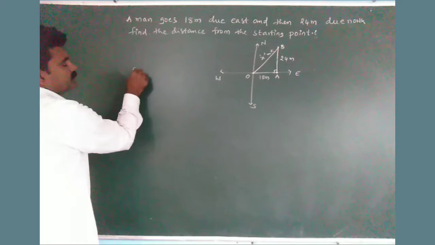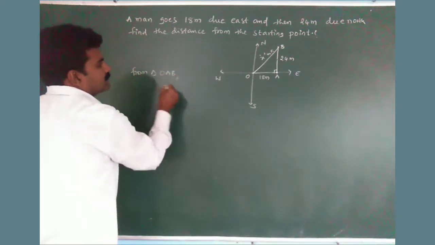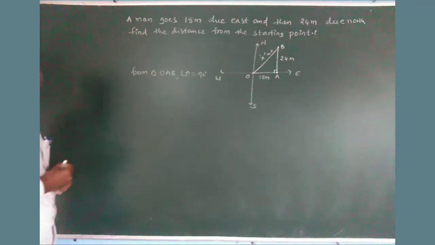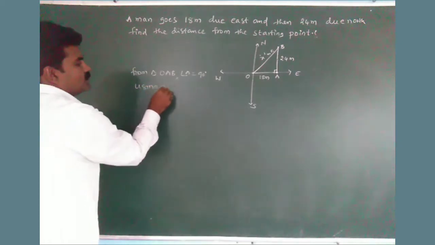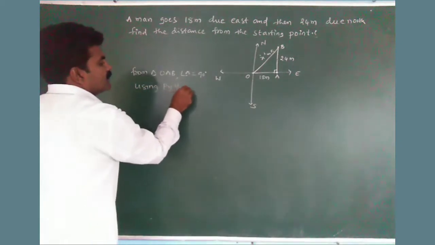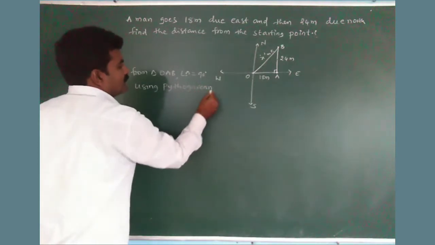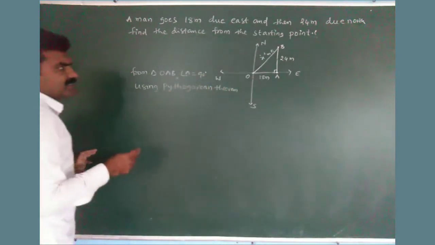So from triangle OAB, angle A is equal to 90 degrees. Right angle triangle. Answer using Pythagorean theorem. Isn't it?